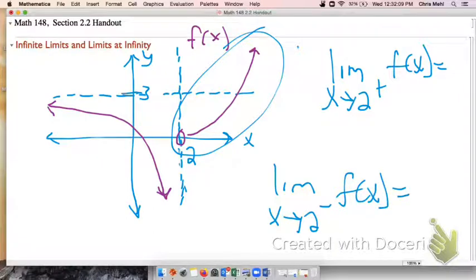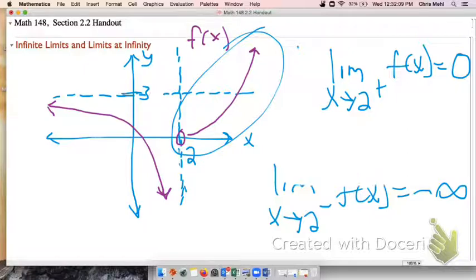And you'll notice that on the left side of 2, the function decreases without bound. Okay, it goes down forever, so that limit would be minus infinity. But notice that the right-hand limit would be 0. Okay, because the graph is getting closer and closer to the x-axis as x approaches 2 from the right.